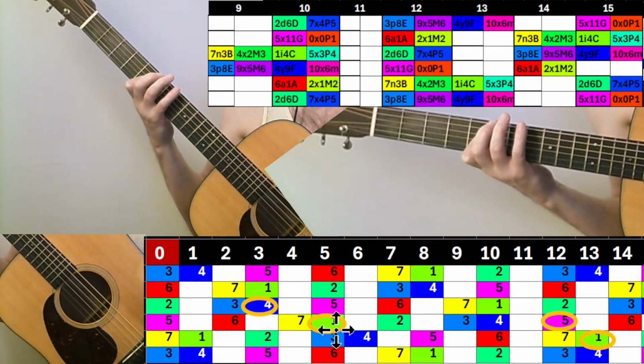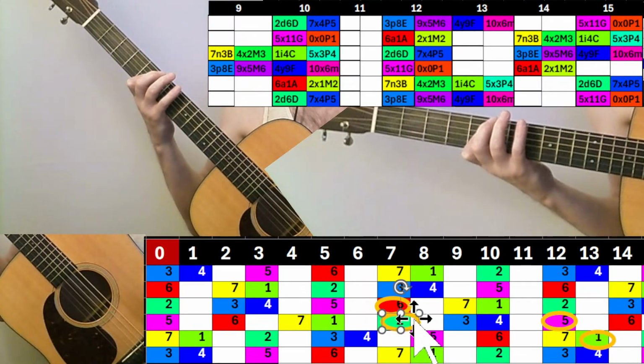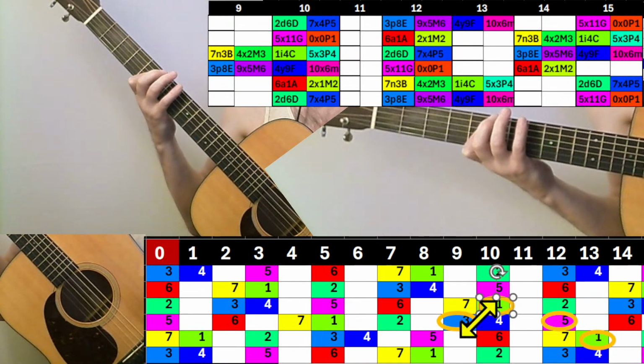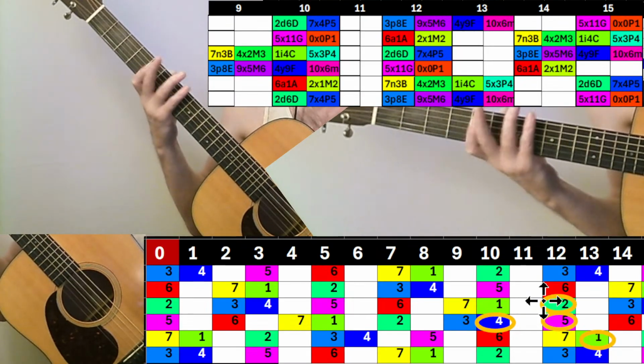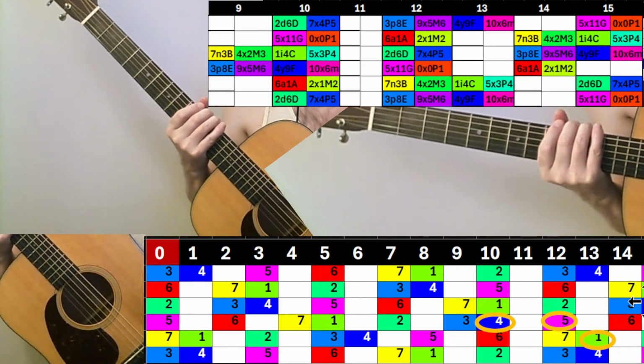Every other one, the double stop works. Double stop works off of the Aeolian, the Locrian, the Ionian, the Dorian, the Phrygian, and then we're back to the crazy one.